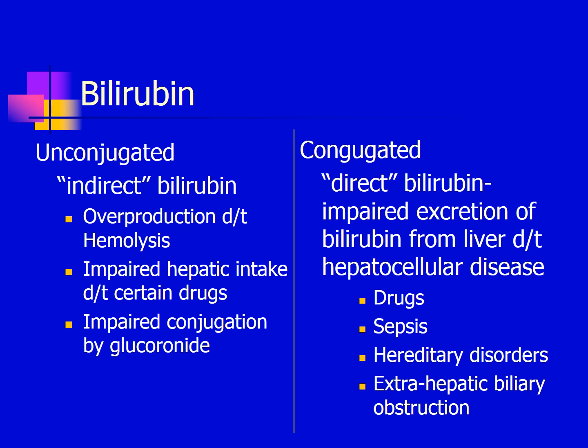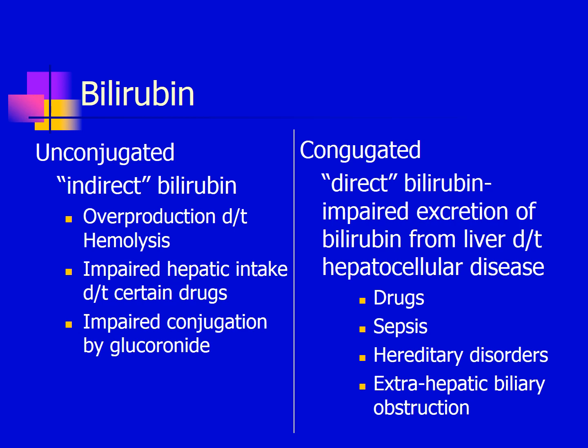It's usually due to hemolysis, impaired hepatic uptake, or impaired conjugation. Versus conjugated bilirubin, which is usually due to impaired excretion from liver disease. So drugs, sepsis, and diseases can cause this problem.